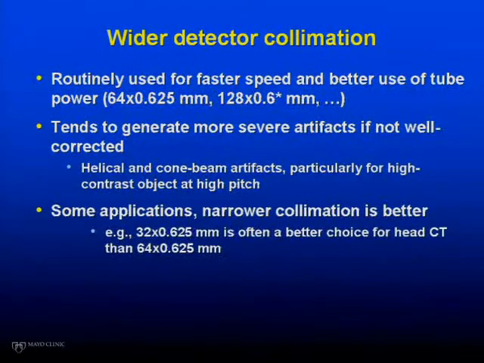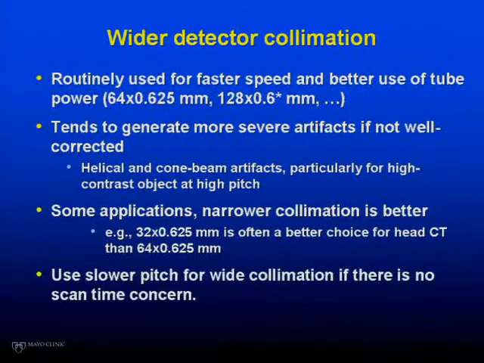And for some applications, narrow collimation is better. For example, for head CT on the GE VCT scanner, the 32 by 0.625 millimeter is often a better choice than the 64 by 0.625 millimeter. And if there is no time concern, then use a slower pitch for the wider collimation.